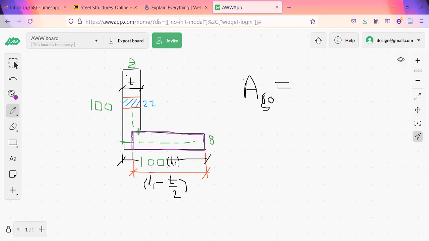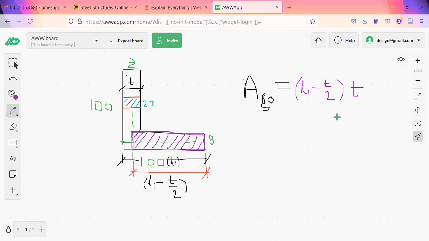Can you tell me the size of this rectangle? L1. This rectangle is AG naught. So I'll write it: L1 minus T by 2 is the length part, into the thickness part.